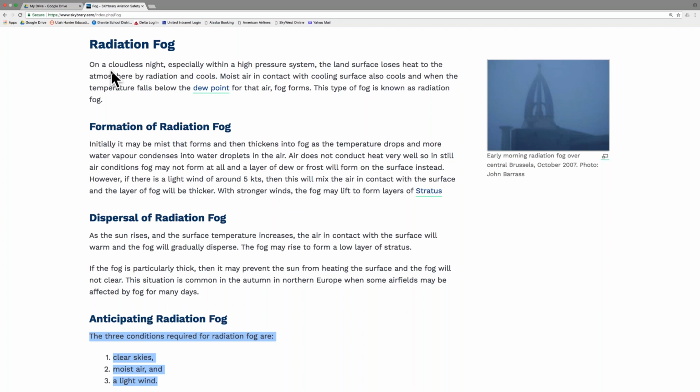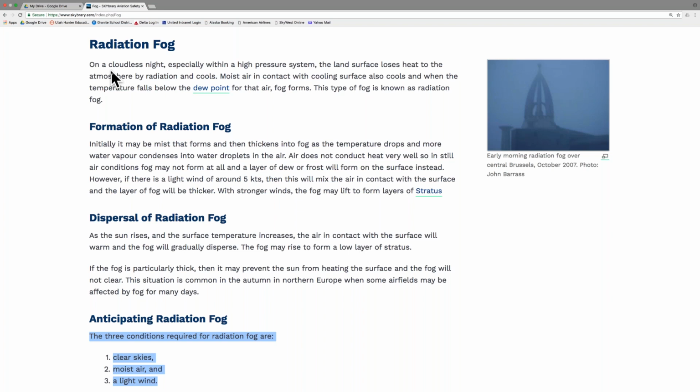Basically what happens is the Earth's surface loses heat, loses that solar radiation, and cools. Then the moist air comes in contact with the cooling surface and also cools. When it falls below that dew point, that's when the fog forms.